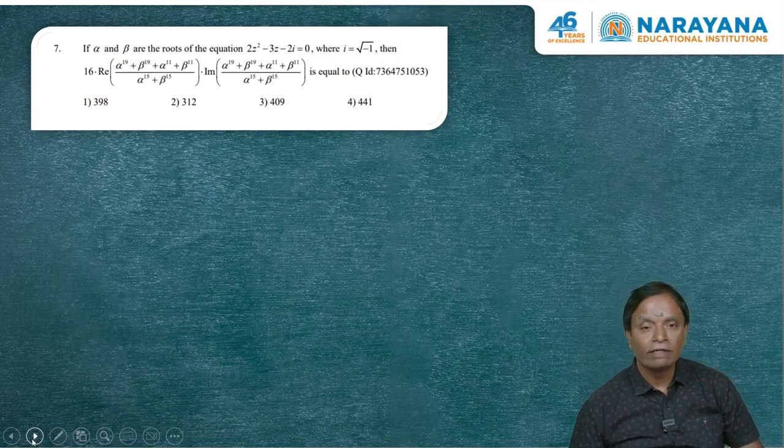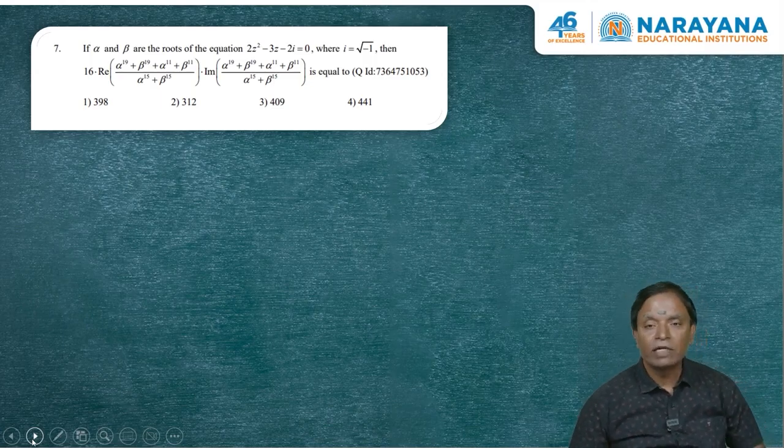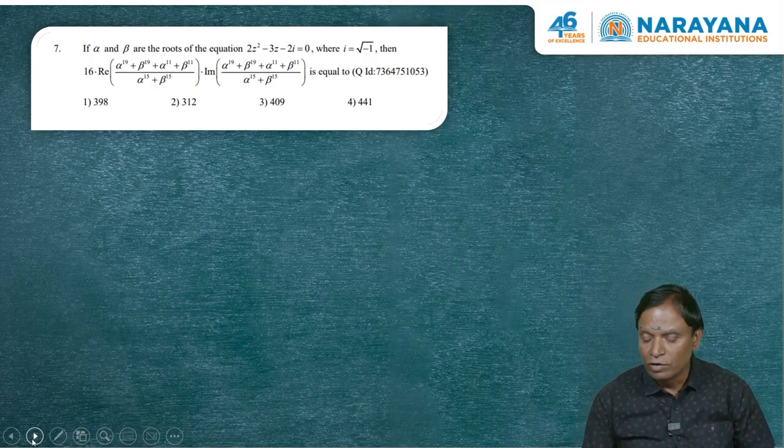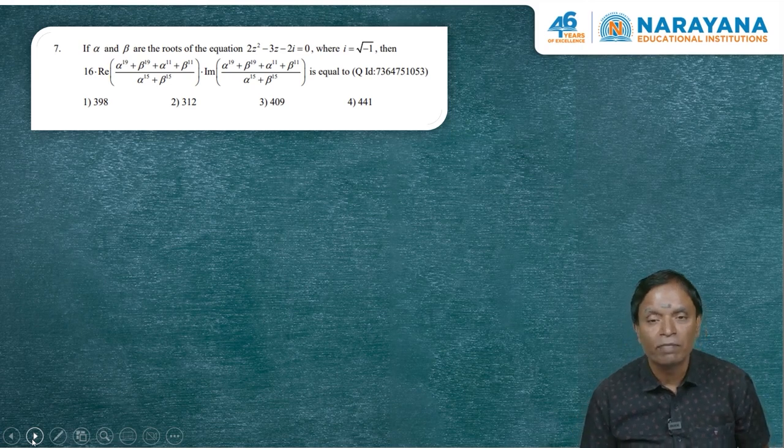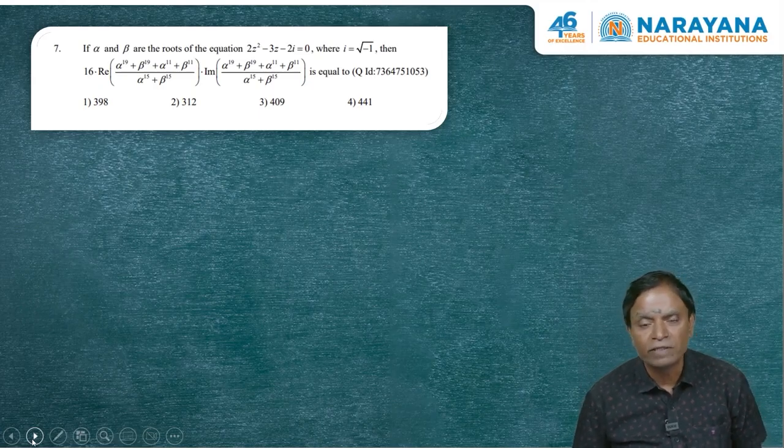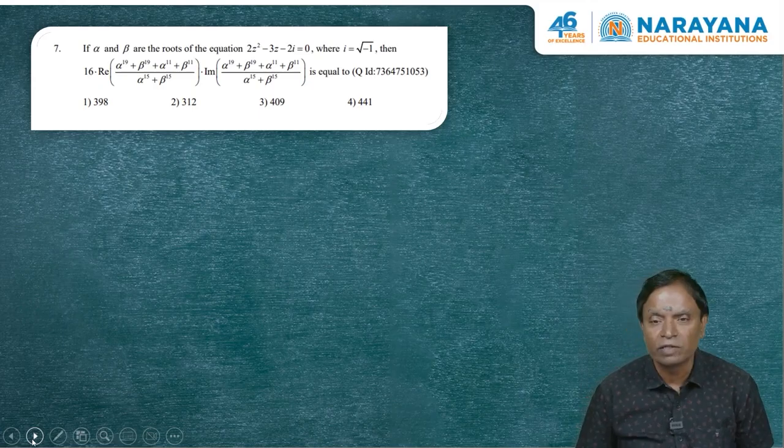You are given alpha and beta are the roots of the equation 2z square minus 3z minus 2i equal to 0. You are asked to calculate the real part of something into the imaginary part of something. Like these problems, how to be solved? Actually, there is no specific process of solving these problems.